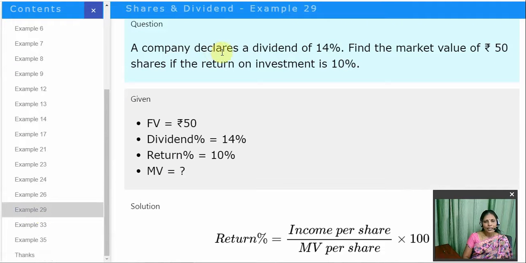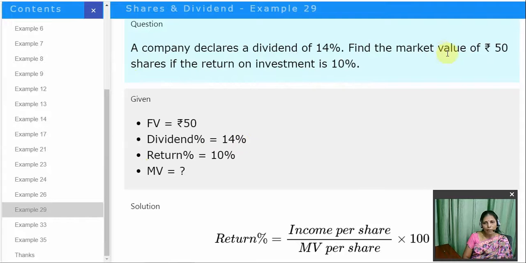A company declares a dividend of 14%. Find the market value of rupees 50 shares if the return on investment is 10%. So now look into the question. A company declares a dividend of 14%. So under the given data, I have written dividend percentage is equal to 14%.